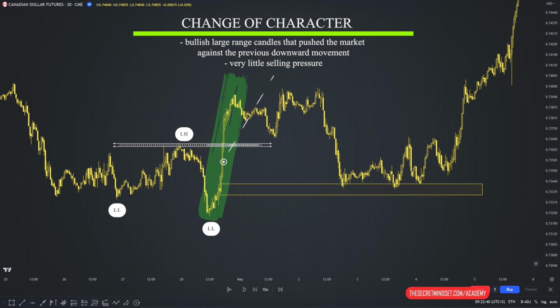I repeat, when you trade order blocks, the best advice I can give you is to make sure that the zone you're trading breaks a recent swing high or low. This break represents either a change of character or a break of structure aligning with the current trend.